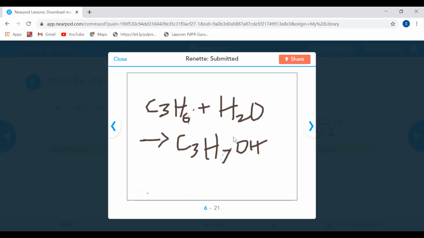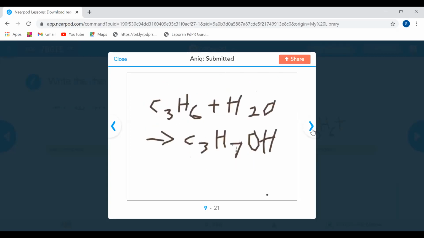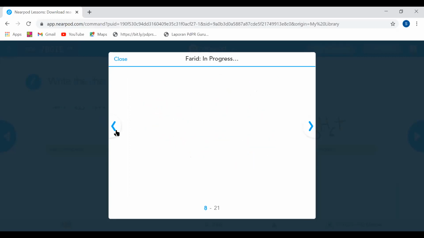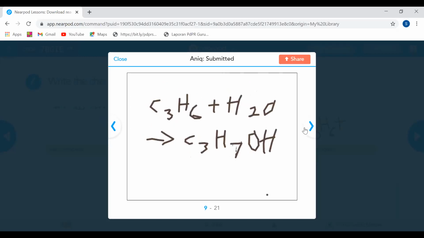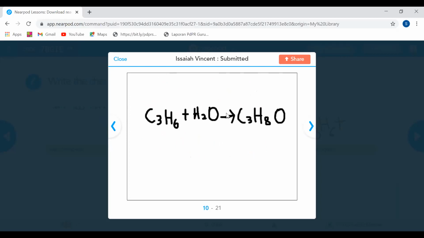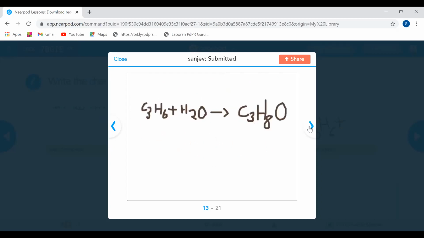Must put C3H7OH. Okay, correct, Anik. Farid, what happened? Isaiah also, teacher doesn't want to see like this. Okay, correct, Alwi.